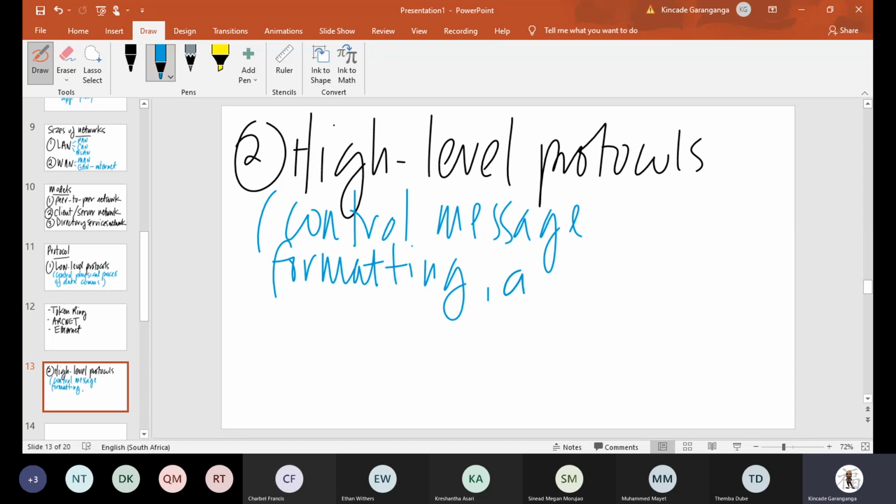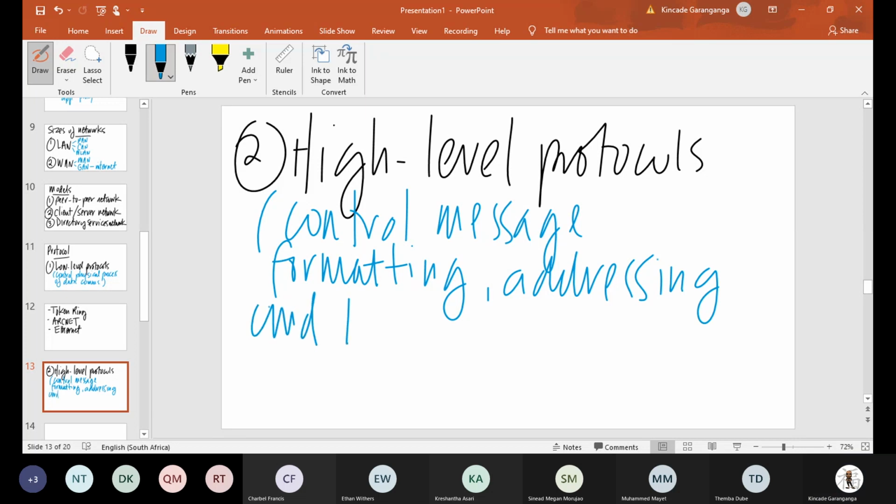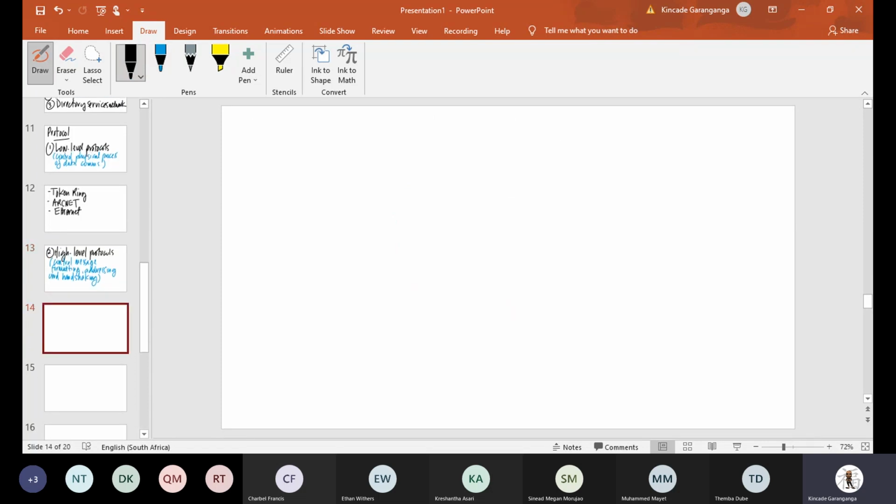So: message formatting, addressing, and handshaking. Within that, addressing is the recognition of your devices, and handshaking is the process of establishing a connection between entities.